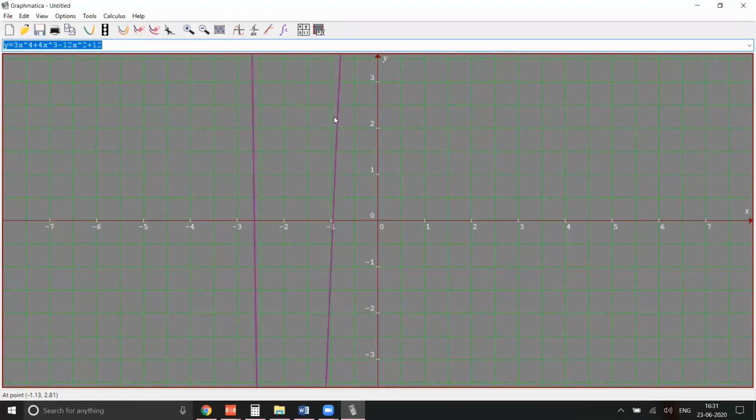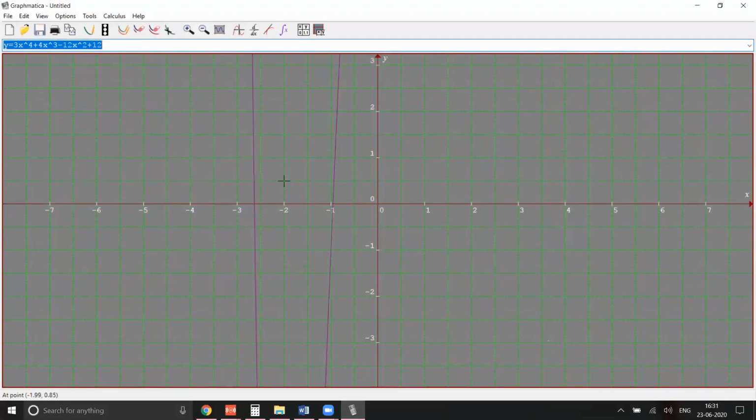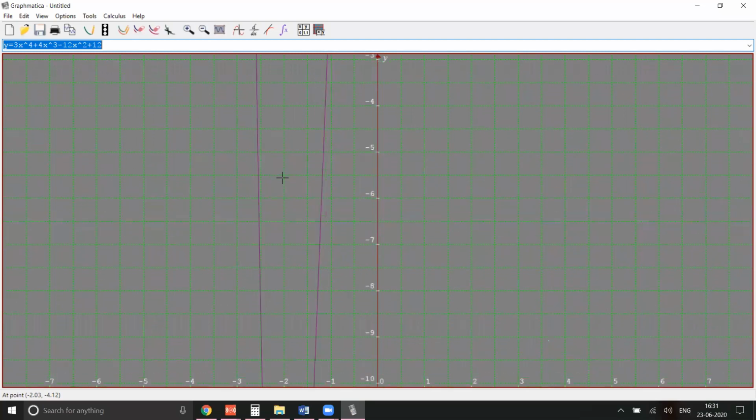The graph is very blurred. I think I should use some color. Are you able to see this? Yes, sir. Purple line only, sir? The purple color. So there is the point of minima. You have one minima, and at all other places it is increasing.